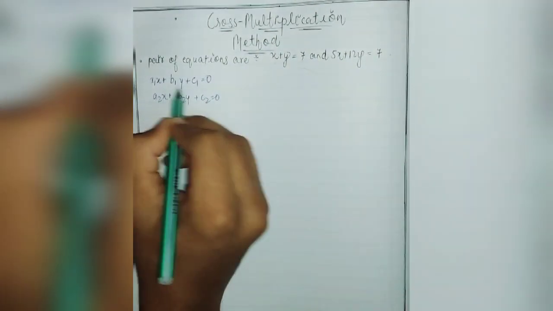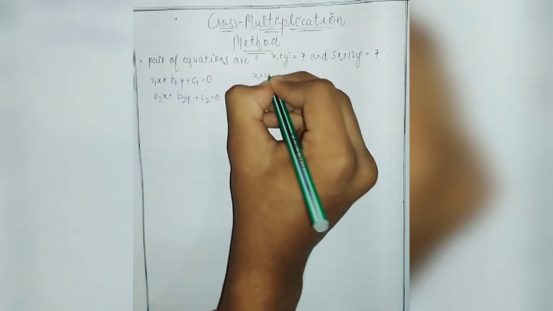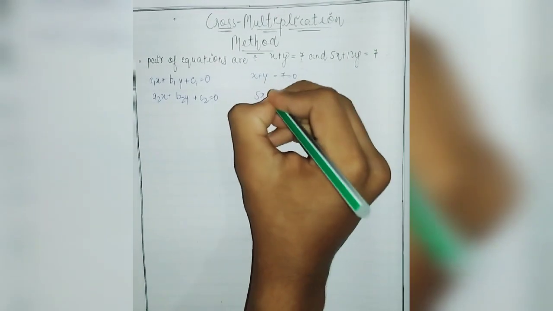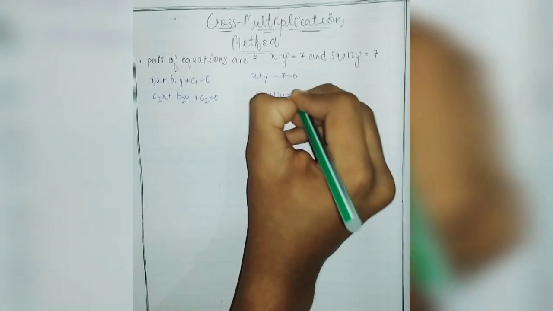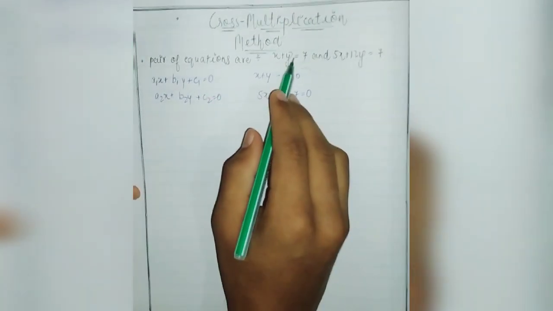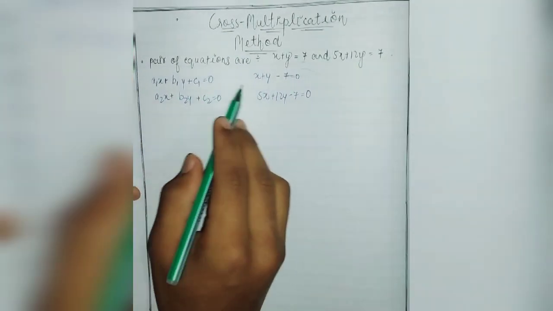So it can be written as x plus y minus 7 is equal to 0 and 5x plus 12y minus 7 is equal to 0.